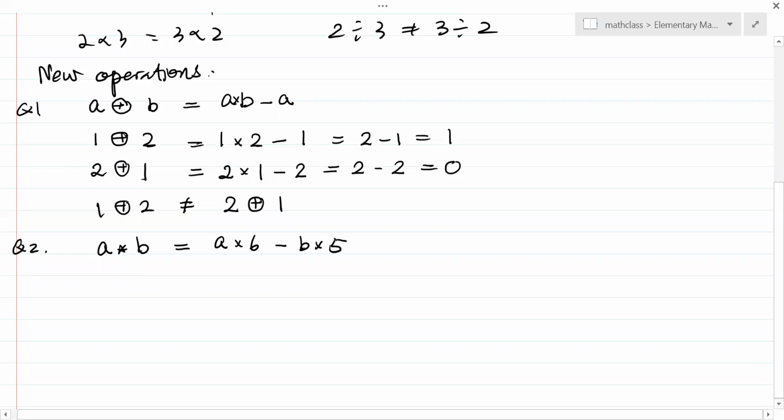I define the new operation, so A star B is going to be A times 6 minus B times 5. So let's compute 9 star 8.